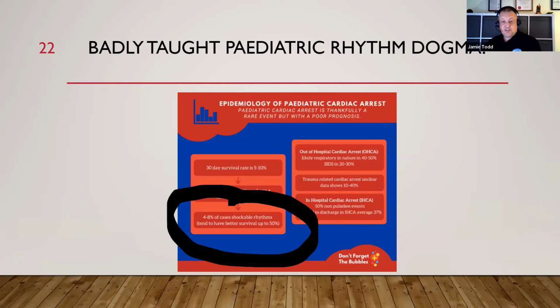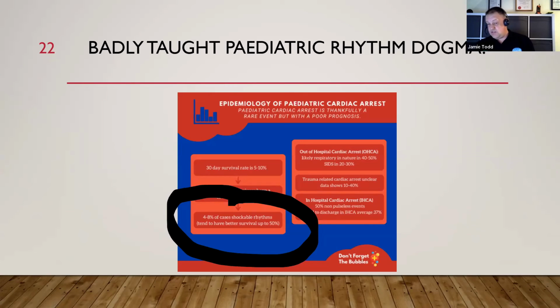But when you actually look at the data about pediatric cardiac arrests, I think it varies across different studies, but in adults, you generally will find a shockable rhythm in 17 to 25% of out-of-hospital cardiac arrests, which seems about right to me. But it is very common to hear that they're very rare in pediatrics, and often they're not run as scenarios.